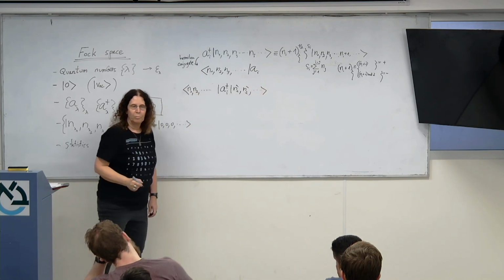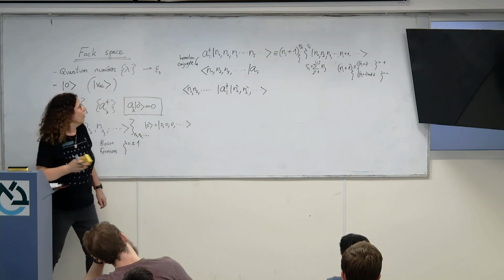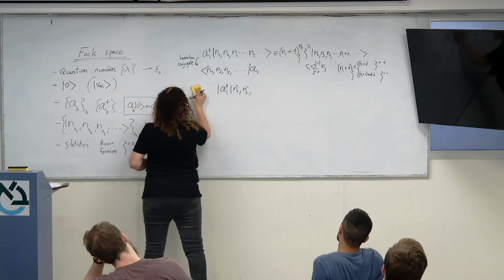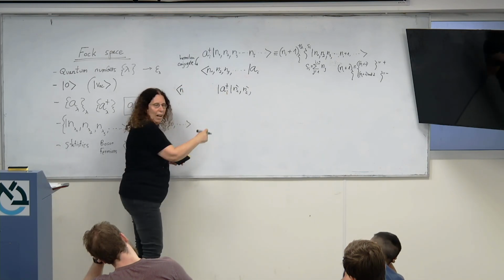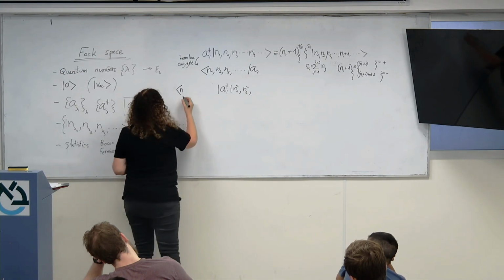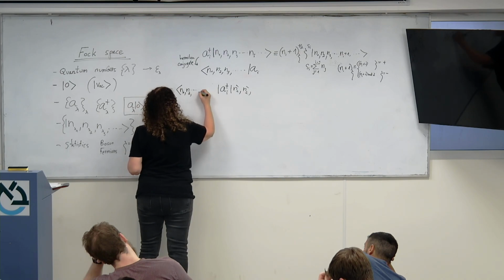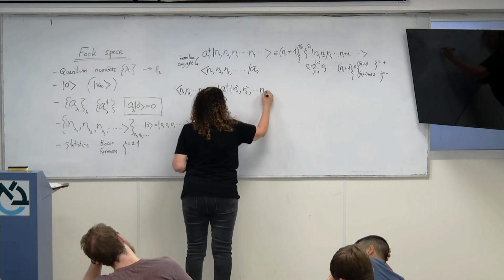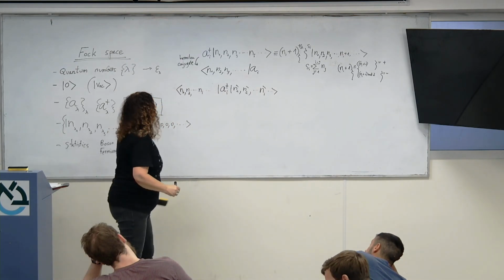Because A_i dagger acts only on the position i, here I have n_i, and here I have n_i prime.